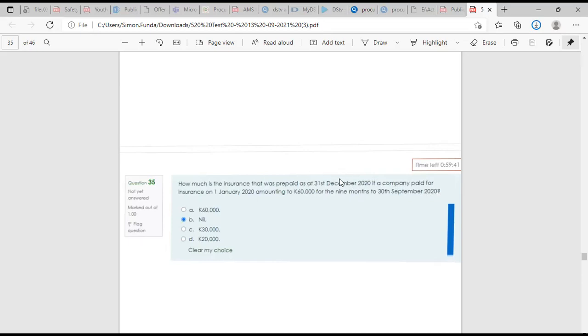So when we are in December, it has expired. We have used the service, we have enjoyed the service. Because if it was paid up to September, then from October to December we are supposed to make another payment. So no wonder the answer is nil.